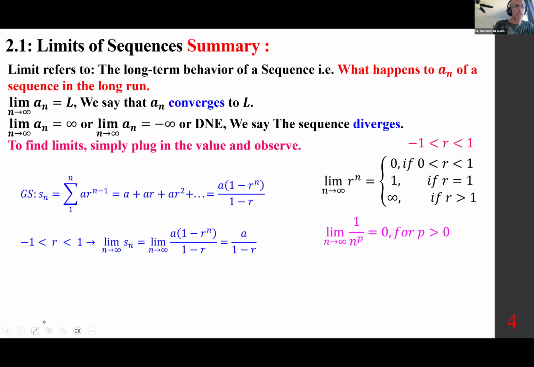We can replace that with 0, and we get a over 1 minus r, or in other words, it becomes a number, it converges. So b sub n plus 1 is r b sub n, or b sub n equals b sub 0 r to the power of n.